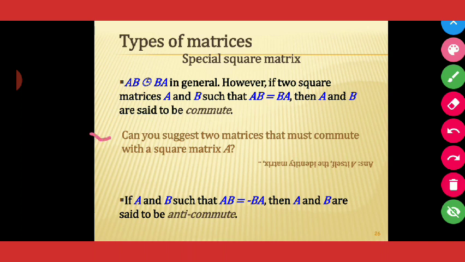Now a question for you: can you suggest any two matrices that must commute with square matrix A? Can you give any example of two matrices that must commute with square matrix A? Think.